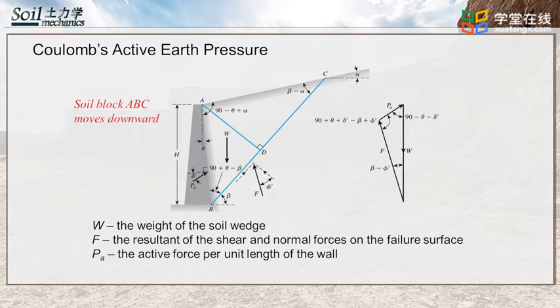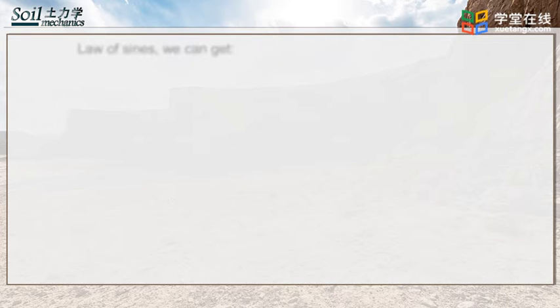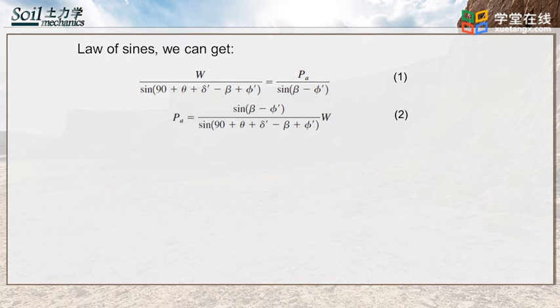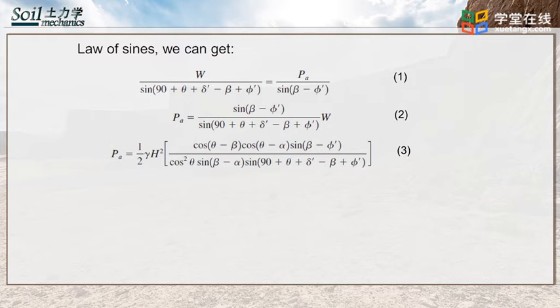The force triangle for the wedge is shown in the right figure. From the law of sines, we can get the first and second equations. The preceding equation can be written in the form of equation 3, where gamma is the unit weight of the backfill. All variables except beta are constant.